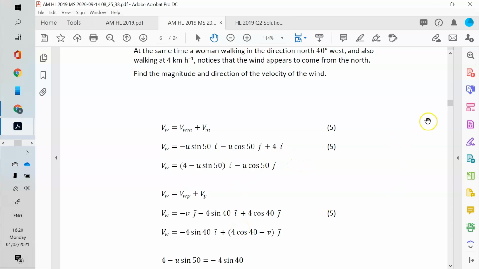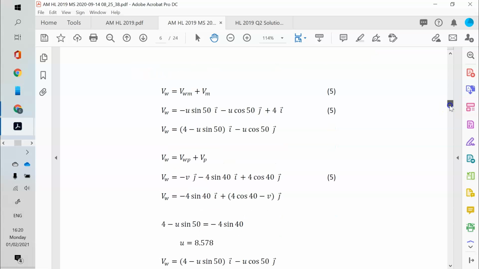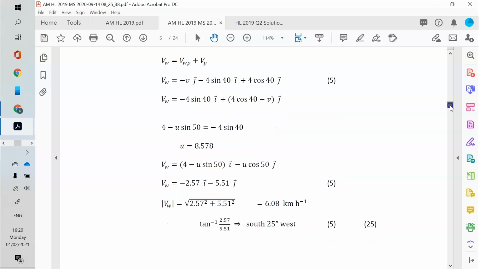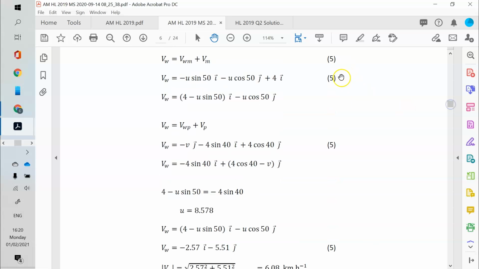Doing the same for the second situation, so you do it for the male and again for the female, you get your second set of 5 marks.